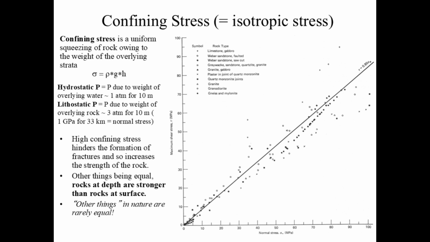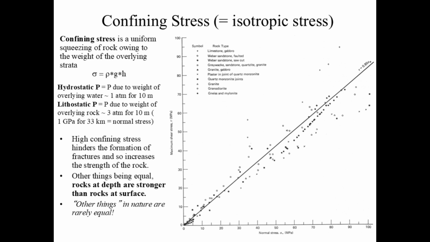And this is the normal stress in megapascals. So that's maximum. This is normal. It's basically a 1-to-1 relationship. The maximum stress is equal to basically the overall stress. And these are measurements in the laboratory and they fit a curve, which is this R is equal to about 0.85.